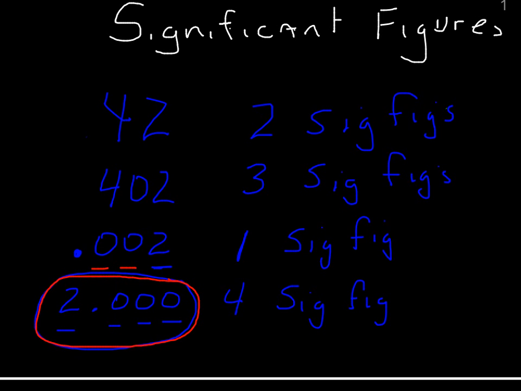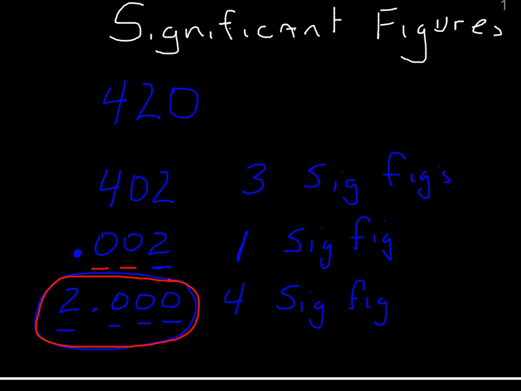The only place that things get a little tricky is when you have a number that doesn't have decimal places. For example, this number, 420.